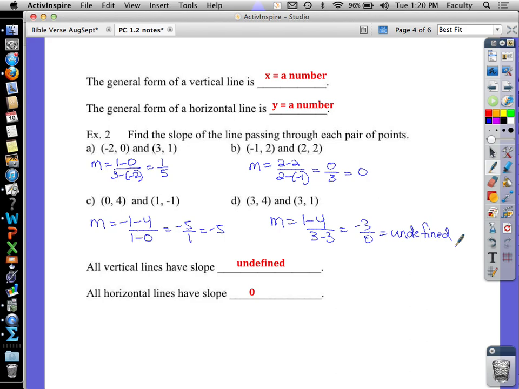Like if I said 10 divided by 2, we never leave 10 divided by 2. You would reduce that to 5, okay? And then C, m was -5, and in D, John was right, you can't divide by 0, and -3 divided by 0 is not a simplified answer.